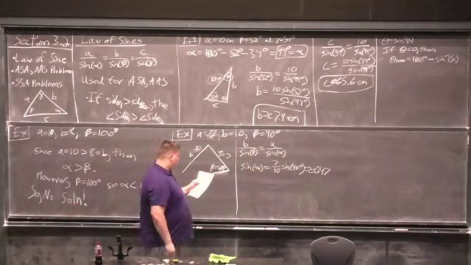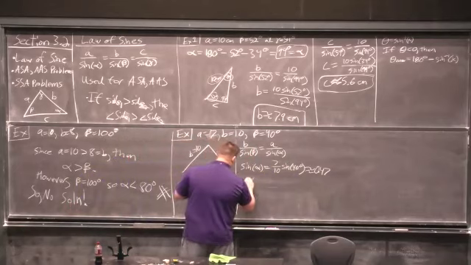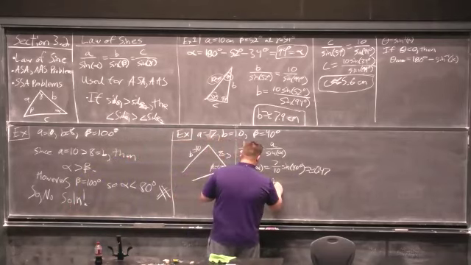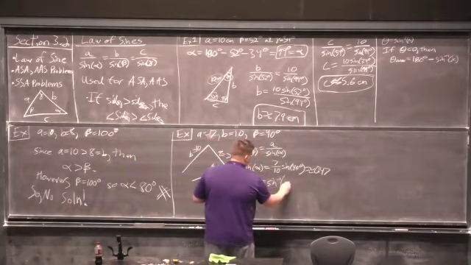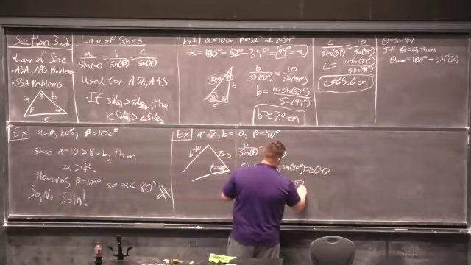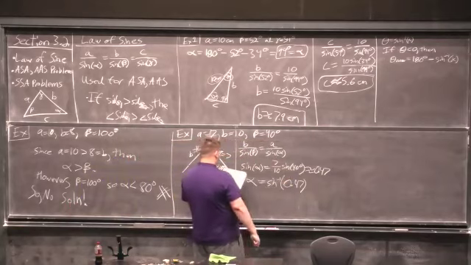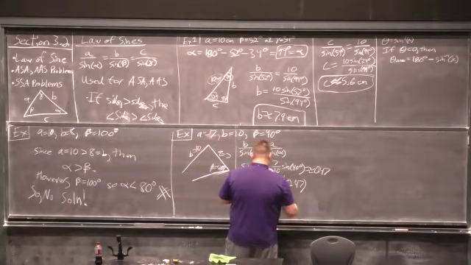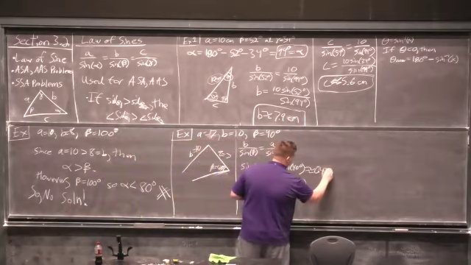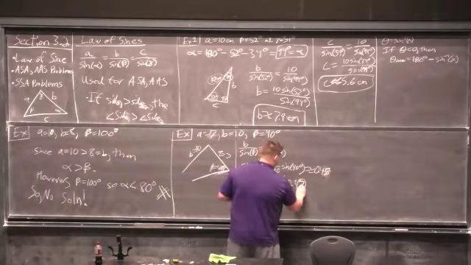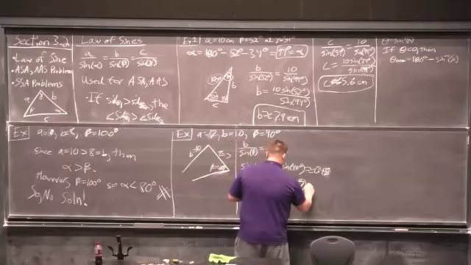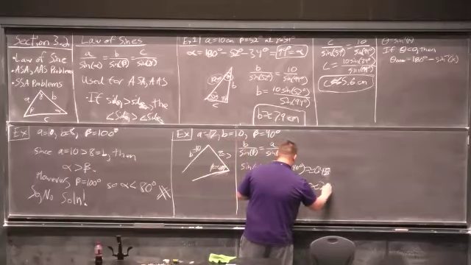And we can proceed, and we find that alpha is equal to sine inverse of 0.47. Ideally, plug this into the calculator, not the approximation. Which then is equal to about 26.74 degrees.